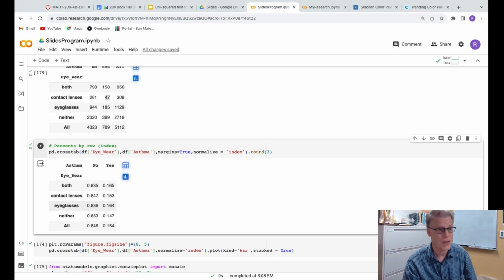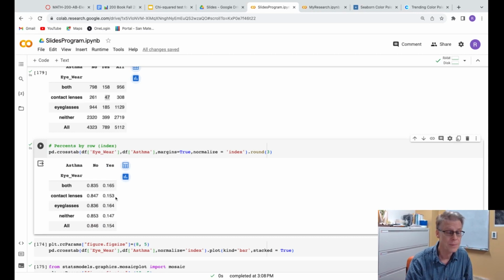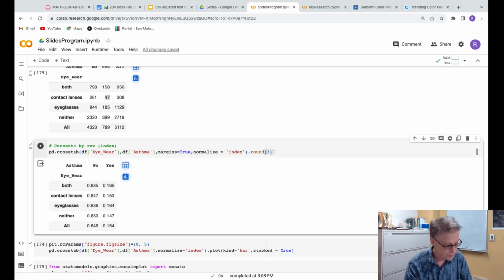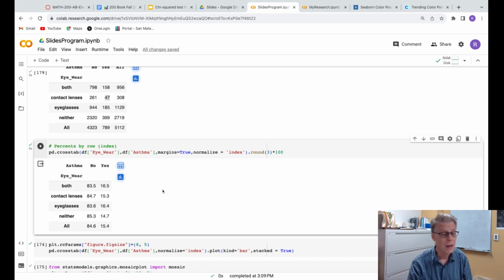That's certainly what is being graphed: the actual decimal value, what we would call the proportion rather than the percentage. But I think for our eyeballs, looking at it in percentage form is a little bit easier.